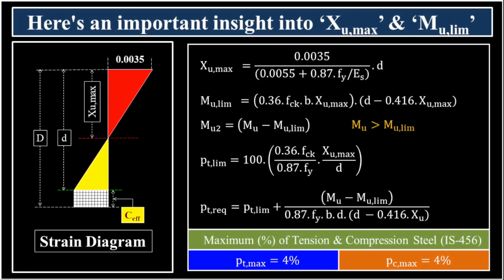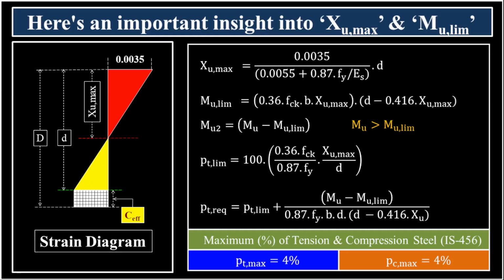On this slide, we'll explore some crucial aspects of reinforced concrete design, starting with an important insight into xu max and mu lim. To the left, you can see our strain diagram, which visually represents the strain distribution across the beam section under bending.